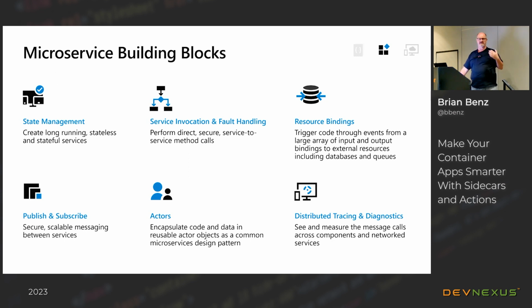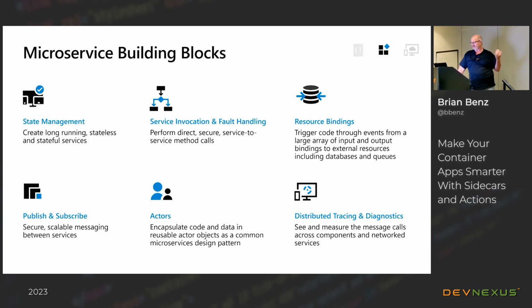For whatever reason, network or back-end services, something goes down and you don't want to lose all the information that's being processed on the front end in between the service going down and coming back up. All right, so resource binding as well, just being able to connect to things without having to write your own code for that. PubSub, scalable messaging, so that is related to service invocation and resiliency as well.